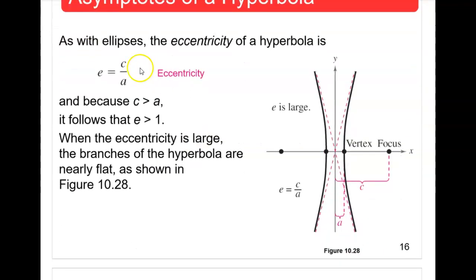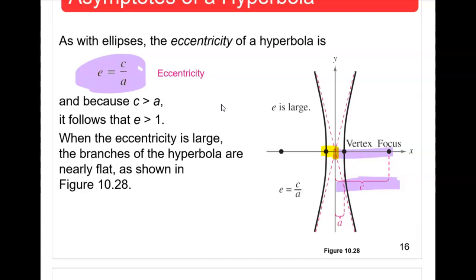Okay, so just like ellipses, we have the eccentricity of the hyperbola, and the formula to find that is c over a. Because c is bigger than a, as we discussed at the beginning, the distance from the center to the focus is greater than the distance from the center to one of the vertices.